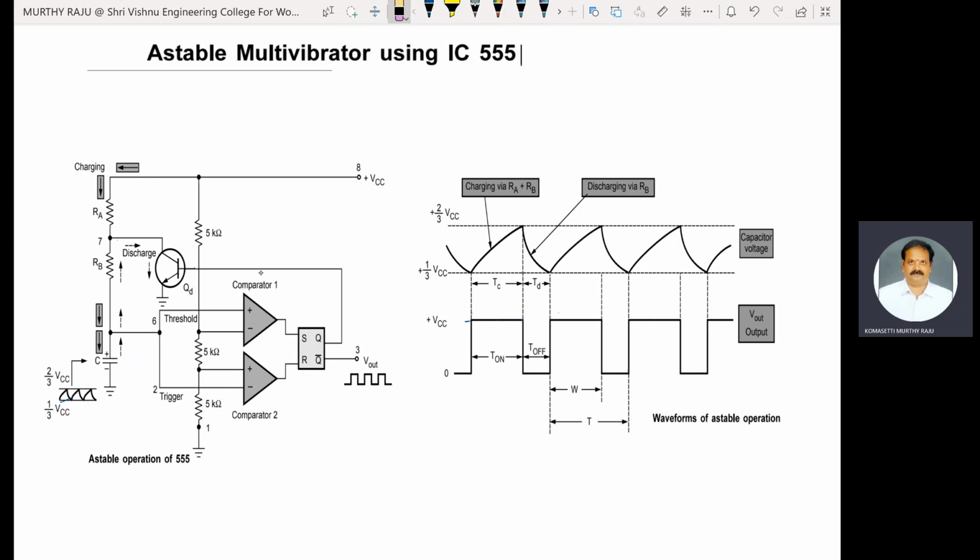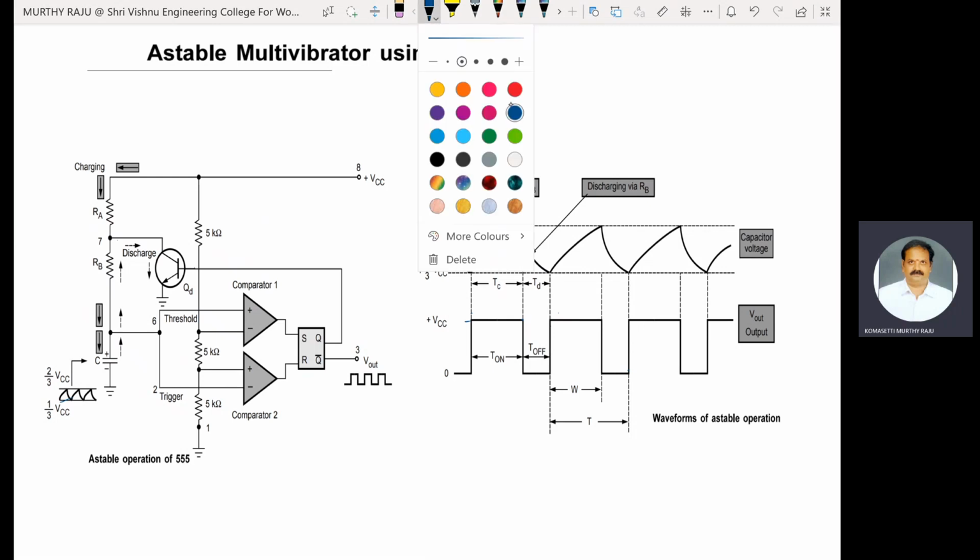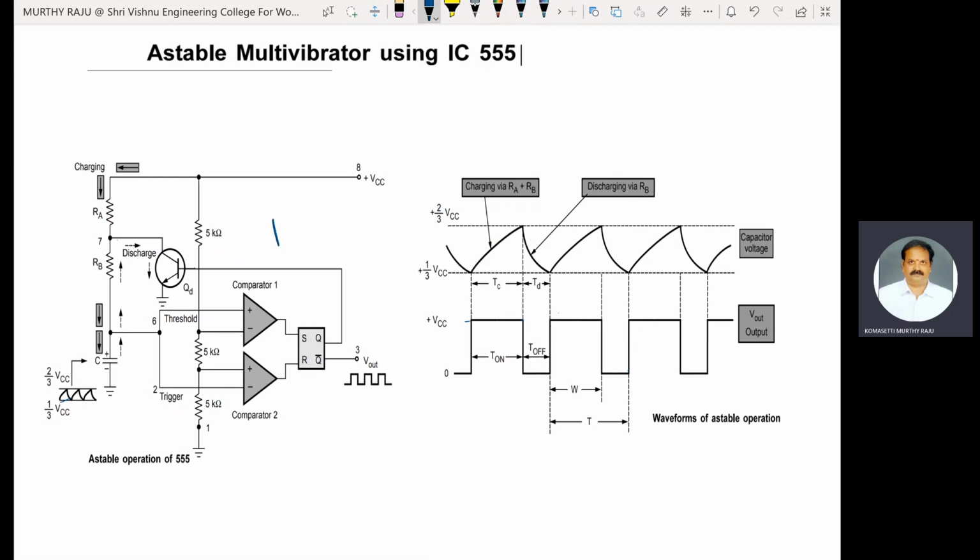Comparator 1 is called the threshold comparator. The threshold comparator is also called a non-inverting comparator.